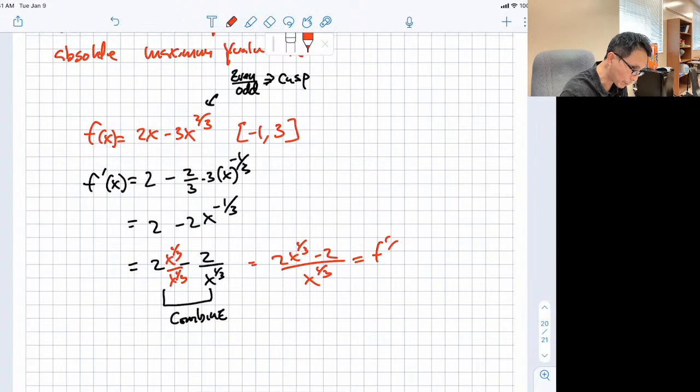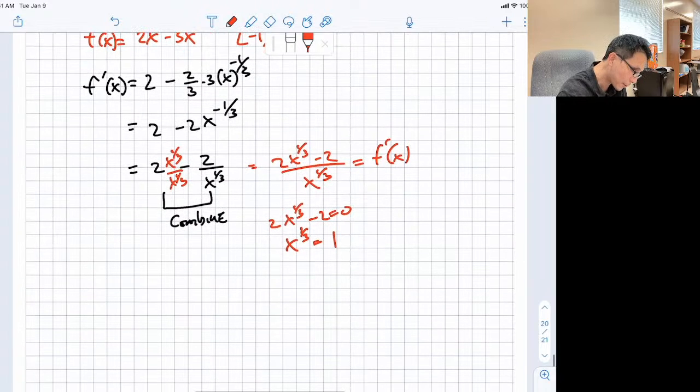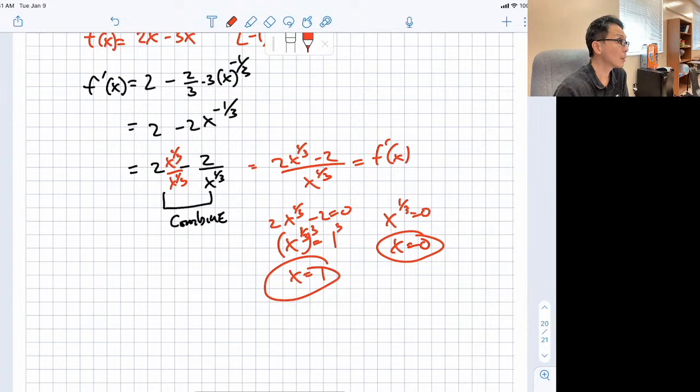So that's equal to f prime of x. Now, if you pay attention, you have a numerator and denominator. You have two critical numbers instead of one. So 2x to the 1/3 minus 2 equal to 0. x to the 1/3 is equal to 1. You cube root both sides, so x equal to 1. Then x to the 1/3 equal to 0. You cube root both sides, x equal to 0. There are two critical numbers.